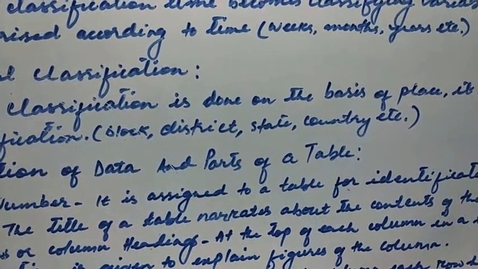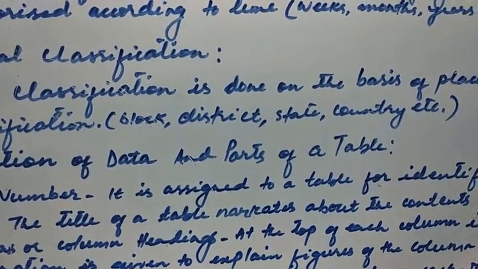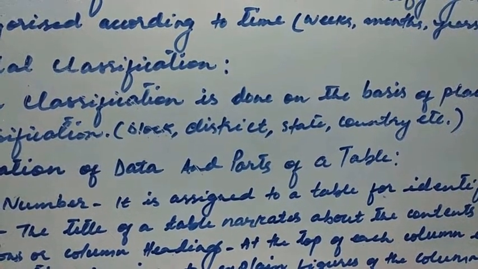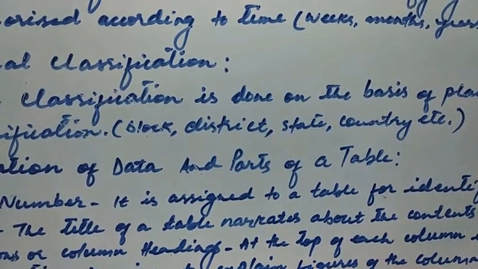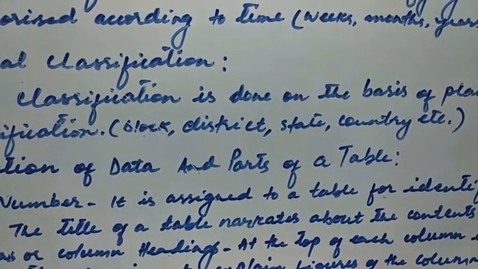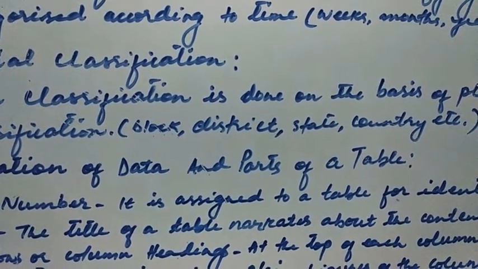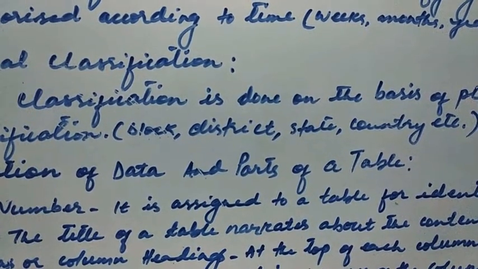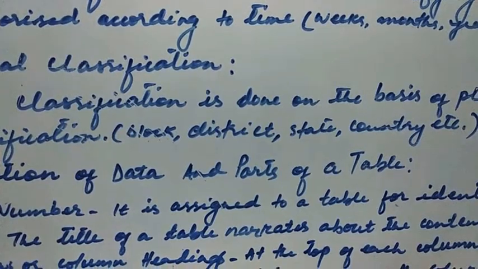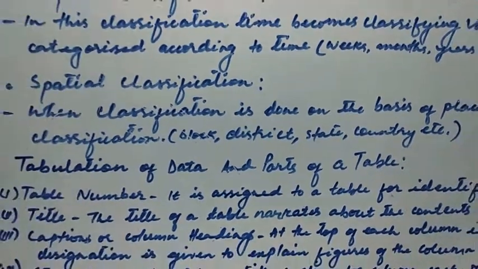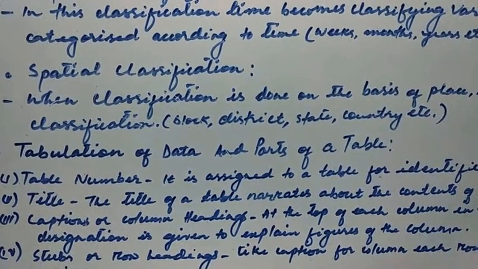Table number can be in the form of whole numbers like 1, 2, 3, and it can even use subscripted numbers like 1.2, 3.1, etc. So table 4.5 should be read as the fifth table of the fourth chapter. 4.5 would mean fifth table of chapter number 4. So those are the examples of table number.